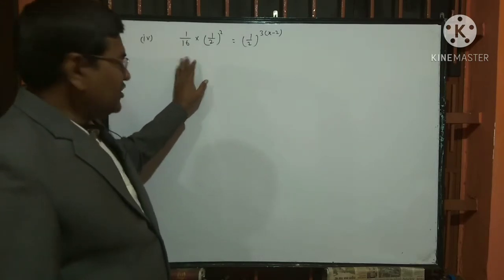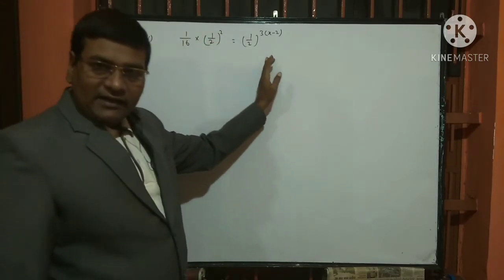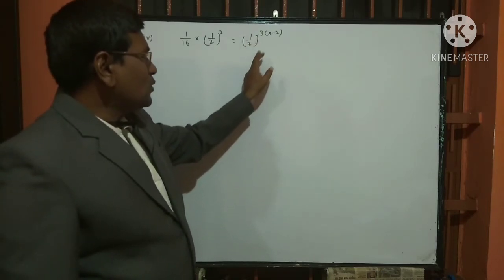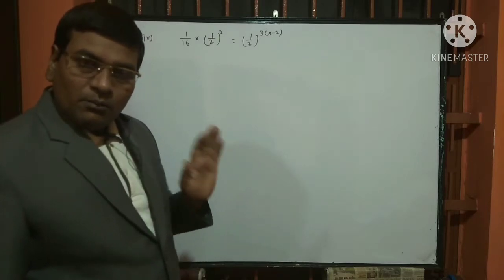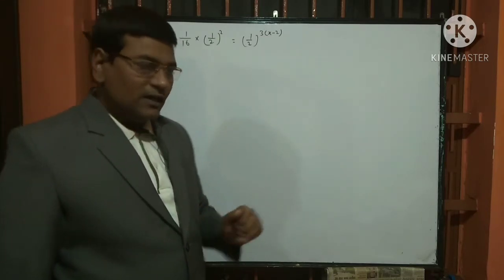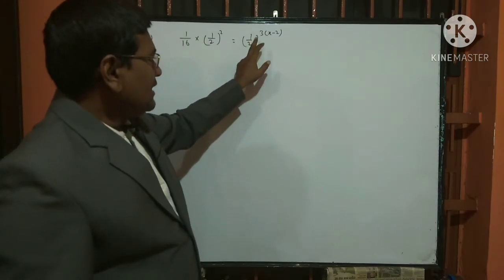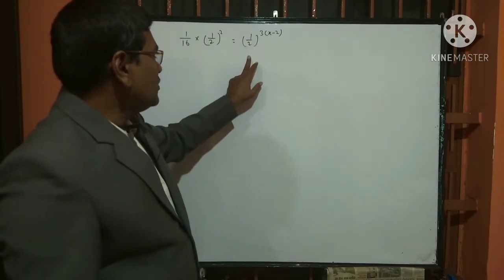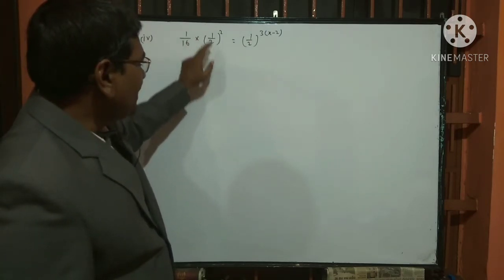Now question number 4. (1/16) into (1/2) to the power 2, and in the right hand side (1/2) to the power 3 into x minus 2. Both bases should be equal in the left hand side and in the right hand side. But here in the right hand side base is 1/2. In the left hand side there are two bases, 1/16 and 1/2.